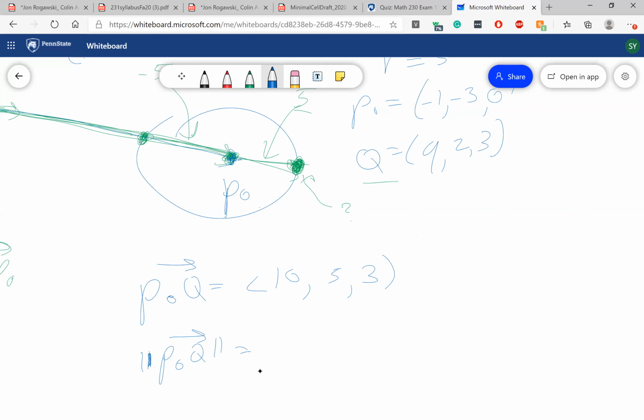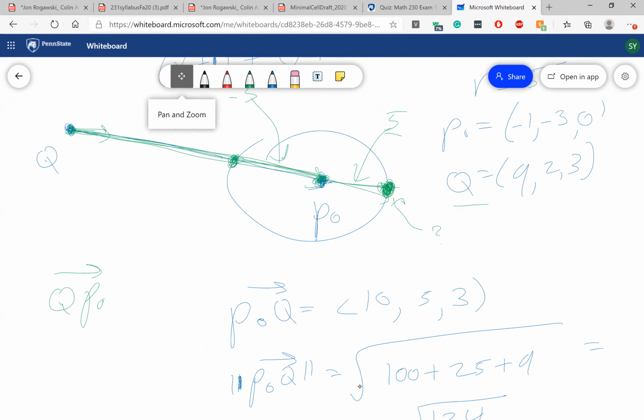That's going to be equal to the square root of 100 plus 25 plus 9, which is 134. So that is the distance from this point to this point.